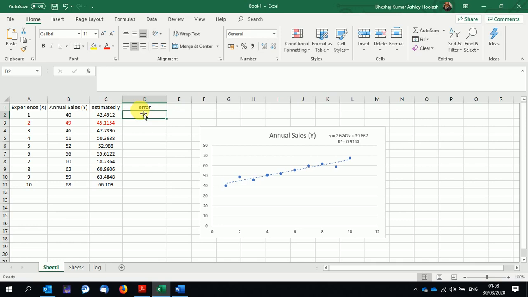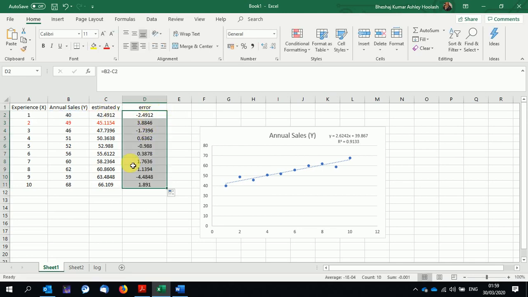It means there is a discrepancy between what I thought would happen and what actually happened. So there's an error, a discrepancy. And to find that, it's the true value minus the estimated value. There you go.